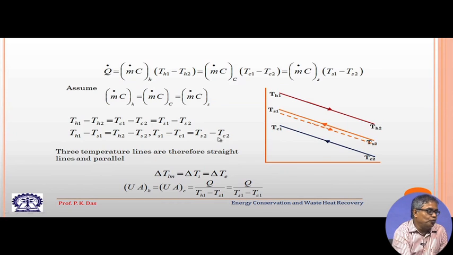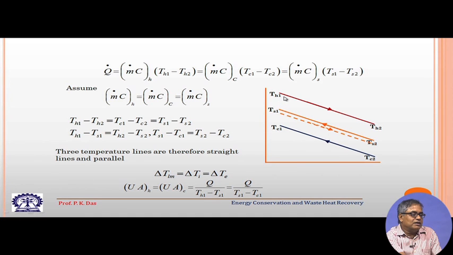If the heat capacity rates of the three fluid streams are equal, then what we get, if we are considering a counter current flow arrangement, is this kind of temperature change along the length of the hot end heat exchanger, and this kind of temperature change along the length of the cold end heat exchanger.